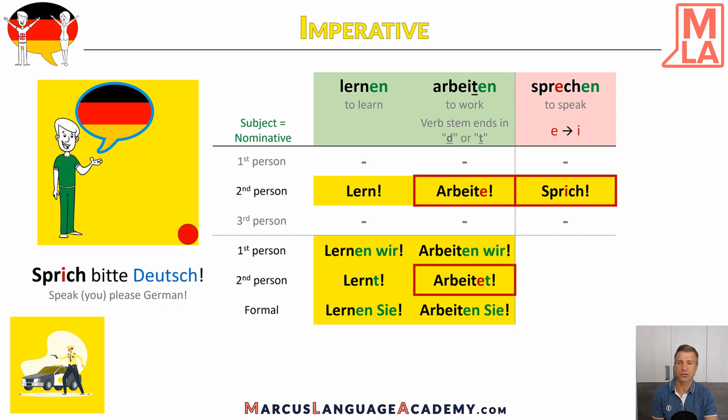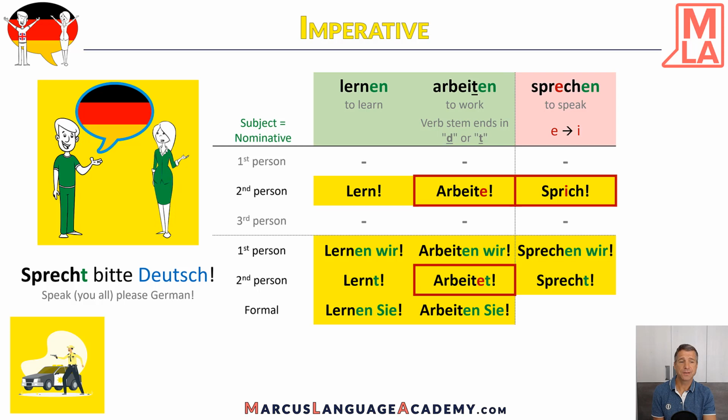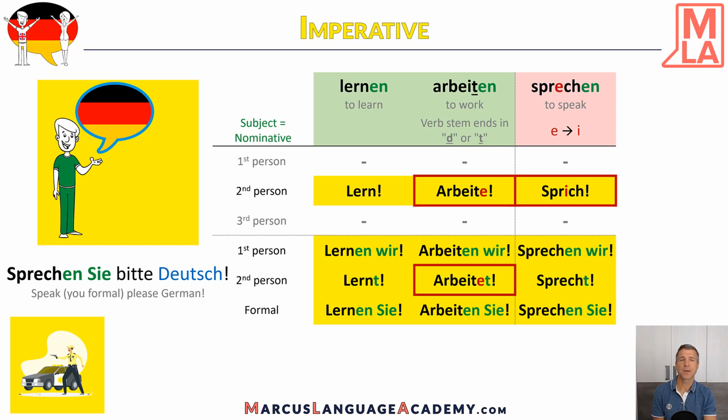Sprich bitte Deutsch. Speak please German. And in plural there are no surprises because it's sprechen wir bitte Deutsch, because here it becomes regular. Sprecht bitte Deutsch, when I talk to my friends. Sprecht bitte Deutsch. And formal way, sprechen Sie bitte Deutsch.